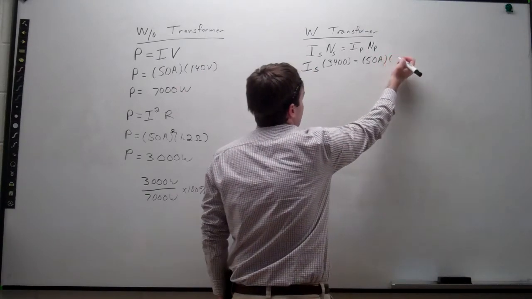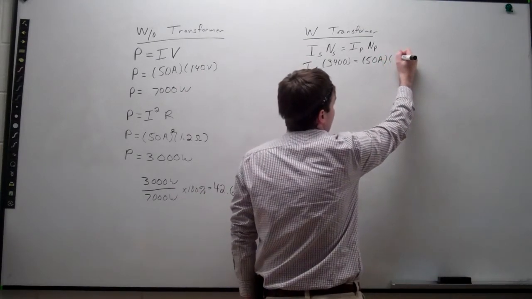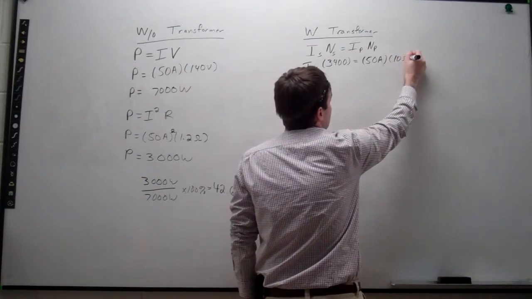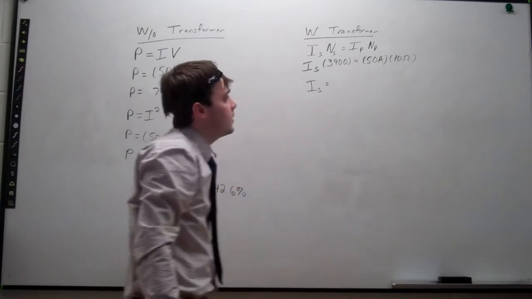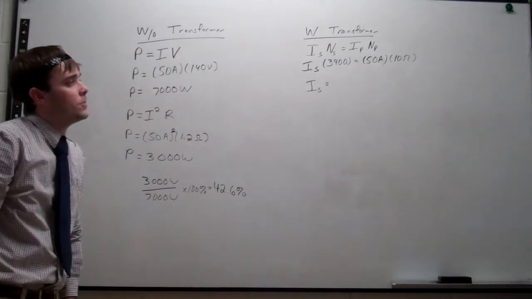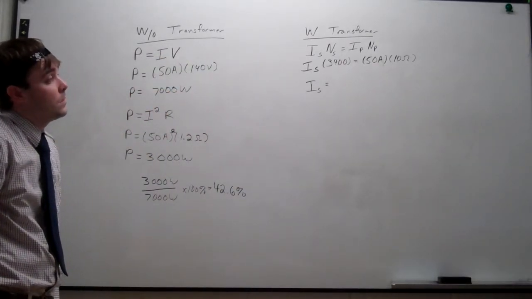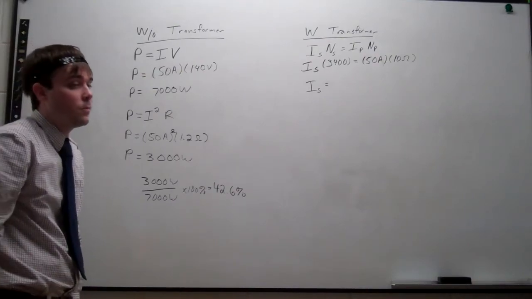And what's the number of turns in the primary? 10. Current in the secondary is going to be 500 divided by 3,400, so 0.15.